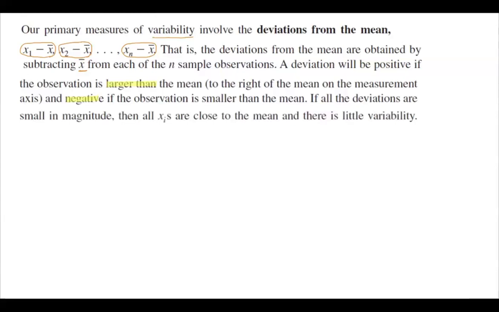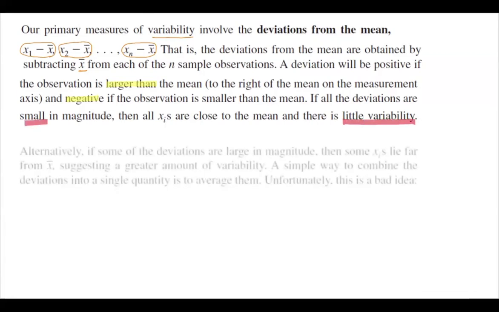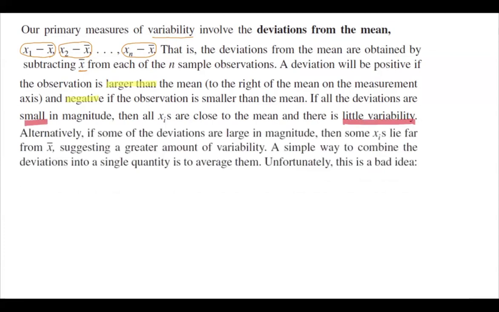If all the deviations are small in magnitude, then all xi's are close to the mean and there is little variability. Finally, if some of the deviations are large in magnitude, then some of these observations x sub i's lie far away from the mean.